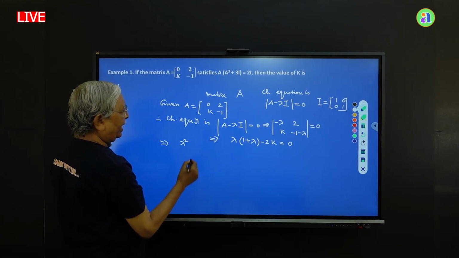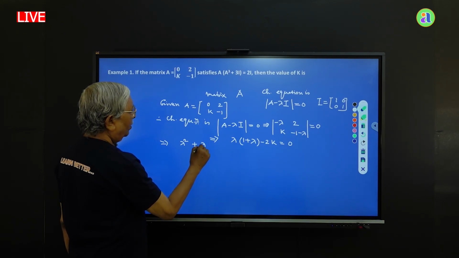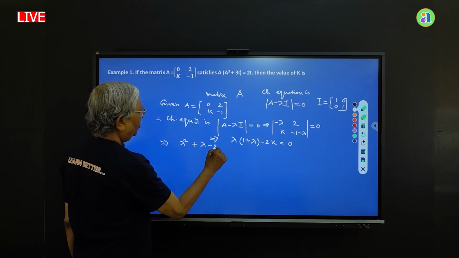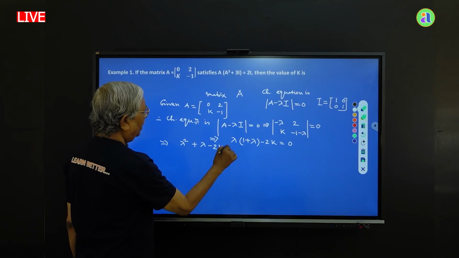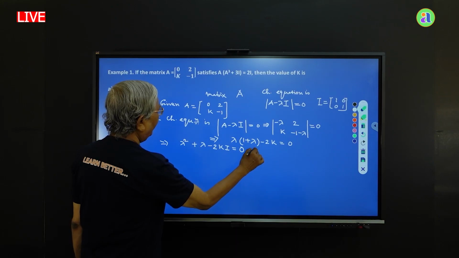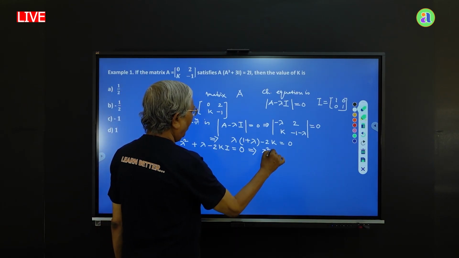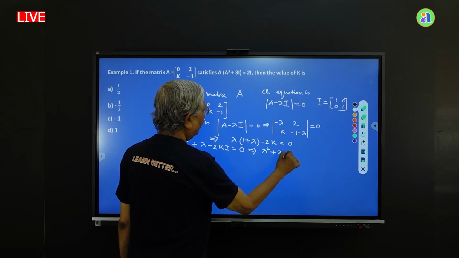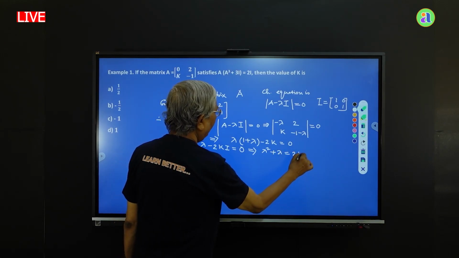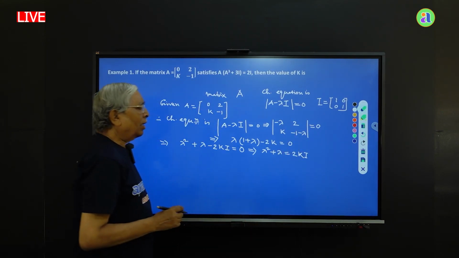So lambda squared plus lambda equals to 2k. We have got a relation.